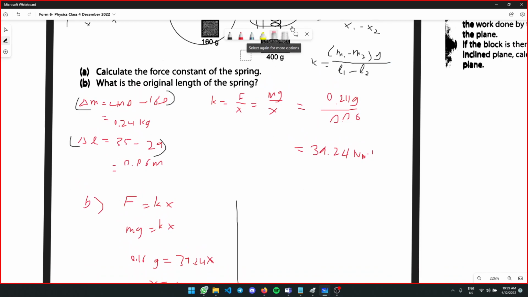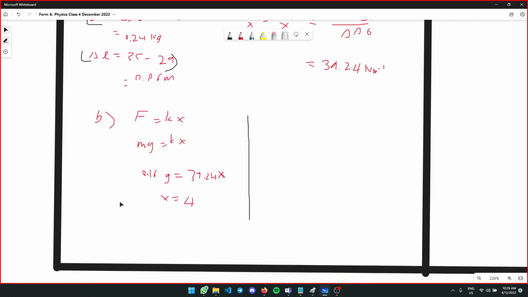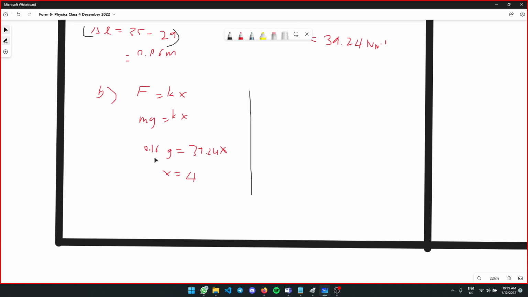But I'm using P for now. So since I'm using P, I'll get the mg. So you know it's 4, the mg for the previous question.